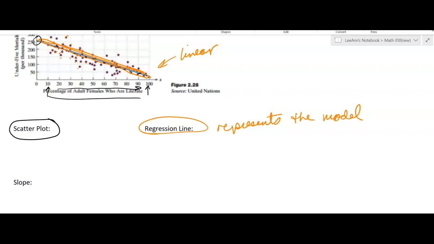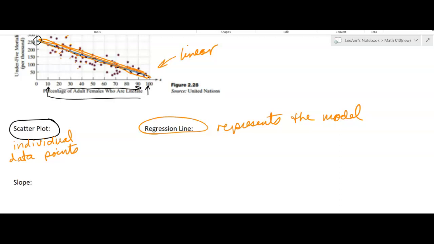The scatter plot is individual data points. Okay, if you go on and take more statistics, you'll get more information about scatter plots and regression lines.